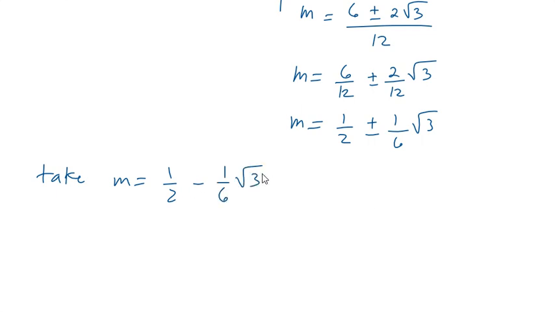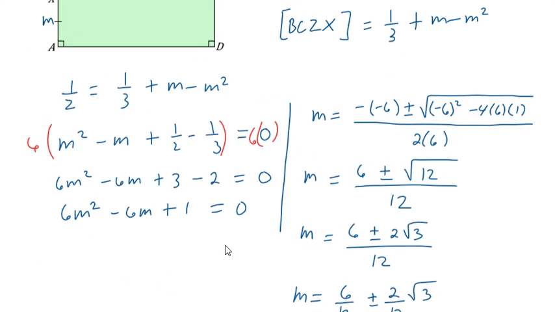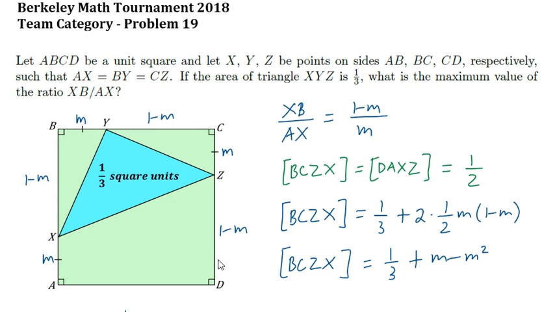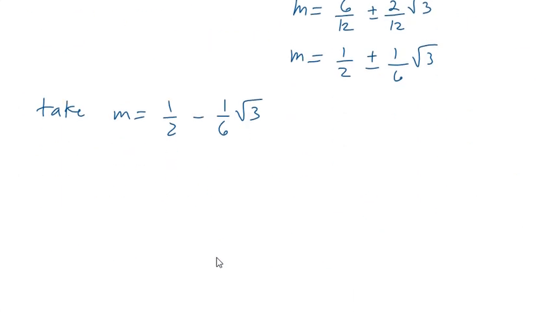Okay, now let's go back to the expression we want to maximize. It's XB over AX, which is equal to 1 minus m over m. Now let's substitute m. So if you substitute this value of m in the numerator, I'll just simplify it directly.